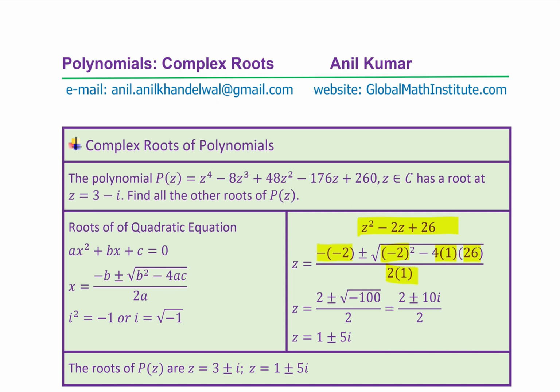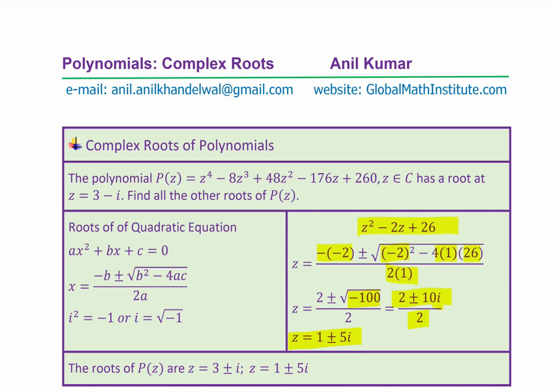We get minus 100 within the square root. That square root of negative 1 is i, the iota, the complex number i. So we get 2 plus minus 10i over 2, which when divided by 2 gives us the other roots, 1 plus minus 5i, correct?